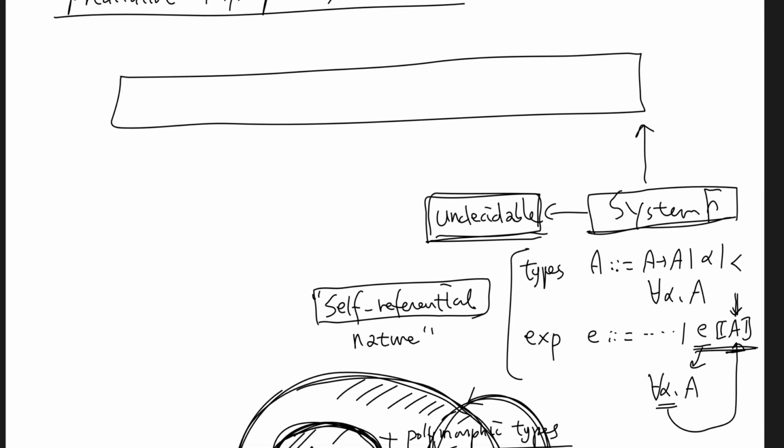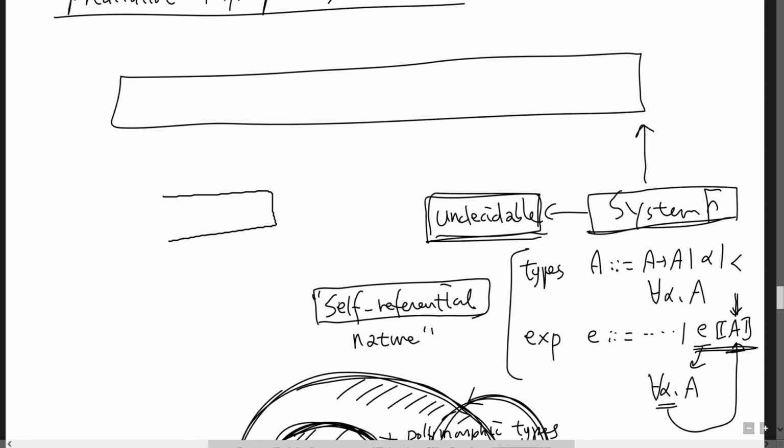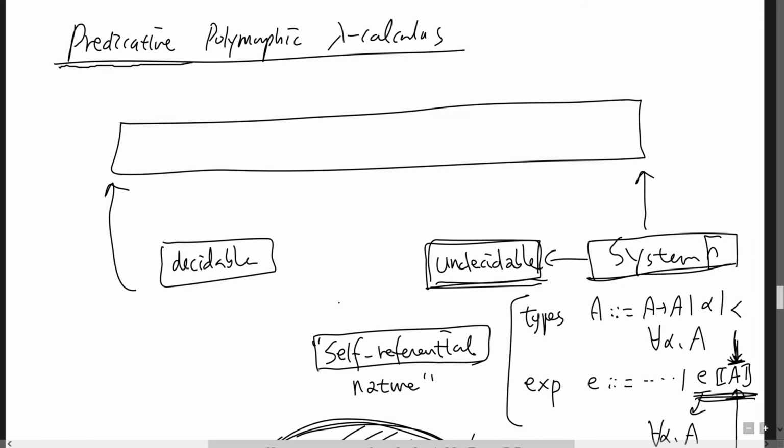So perhaps we can recover decidability of system F type reconstruction by placing some restriction on the way that this type is used in type application. At the other extreme, we have this predicative polymorphic lambda calculus.